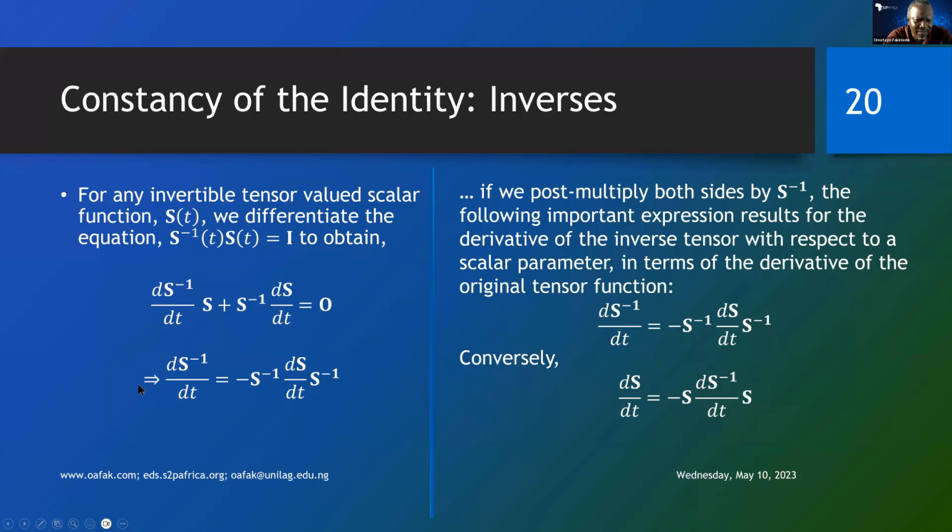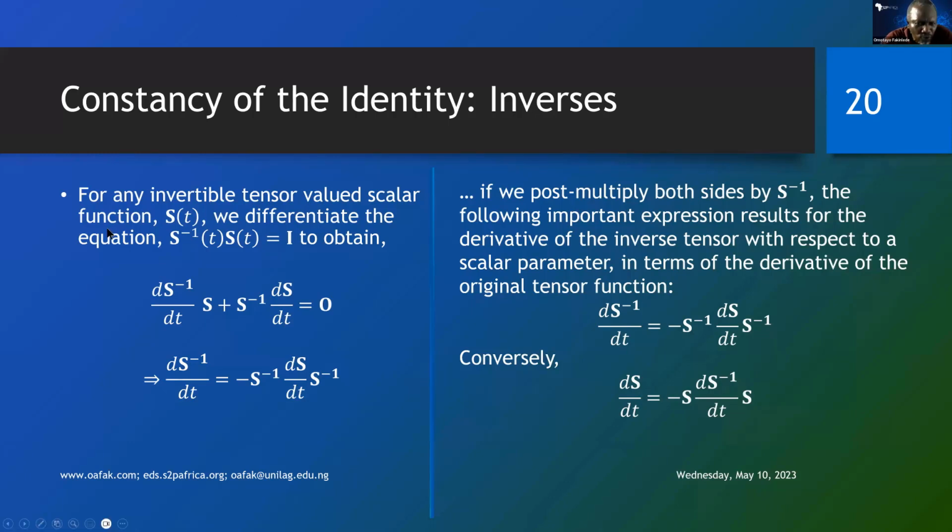That is it. And the same thing can happen on both sides. So we can say that dS dt is equal to minus S dS inverse dt S. So these are conclusions. We are still looking at a situation where the argument is a scalar.